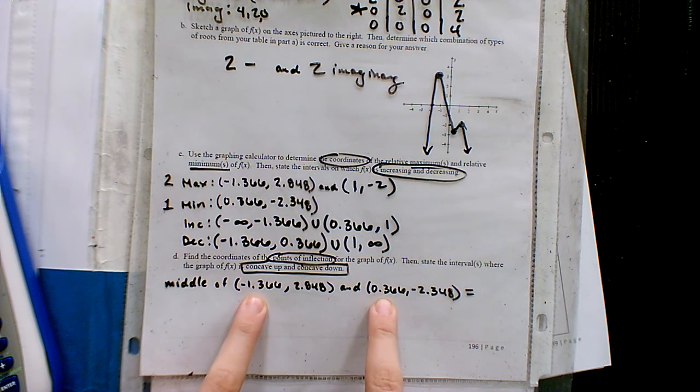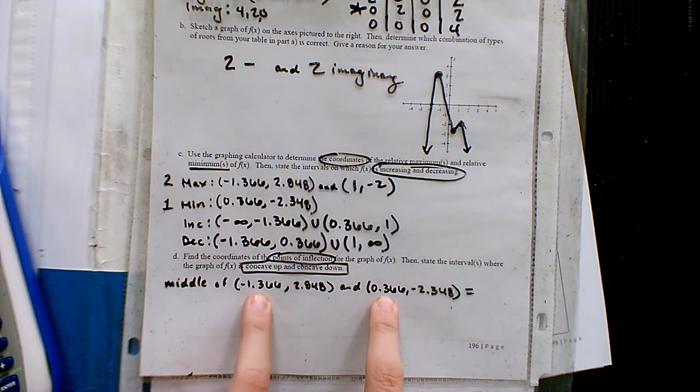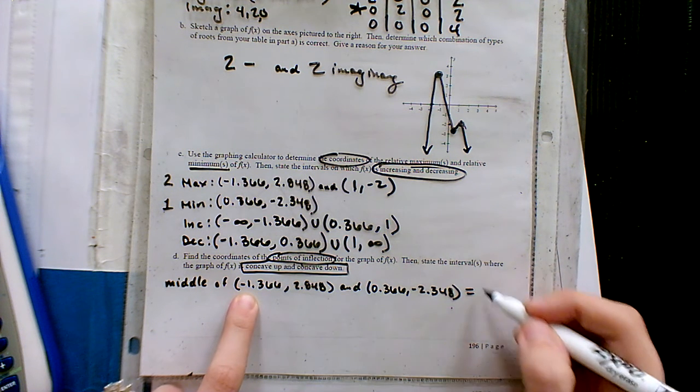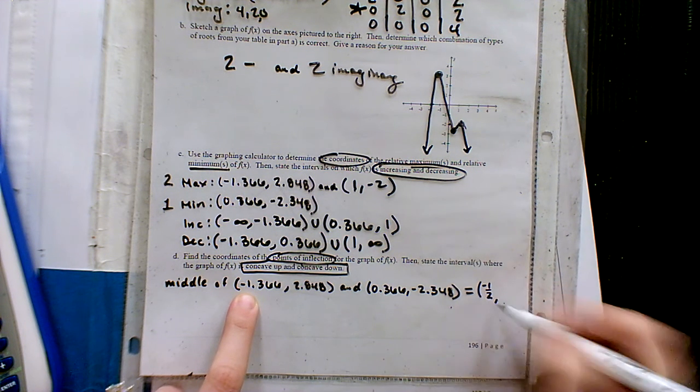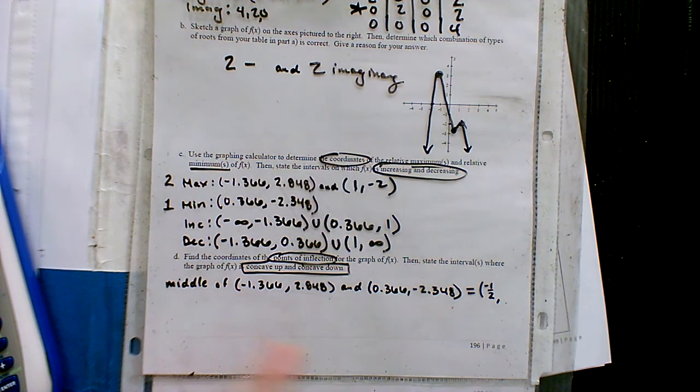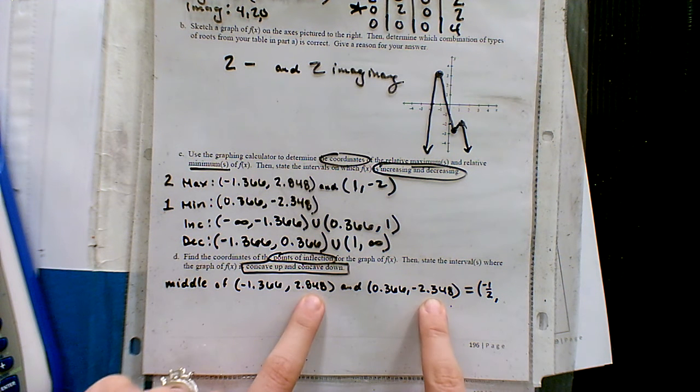Okay, so we're going to add them together and divide by 2. If you were to add the x's together, what would we get? Can we realize that would be negative 1? This decimal would cancel out those decimals, so we're left with negative 1. And then if we divide negative 1 by 2, take an average, that'd be negative 1/2. Okay, let's do the same thing for the y's. Add the y's together.